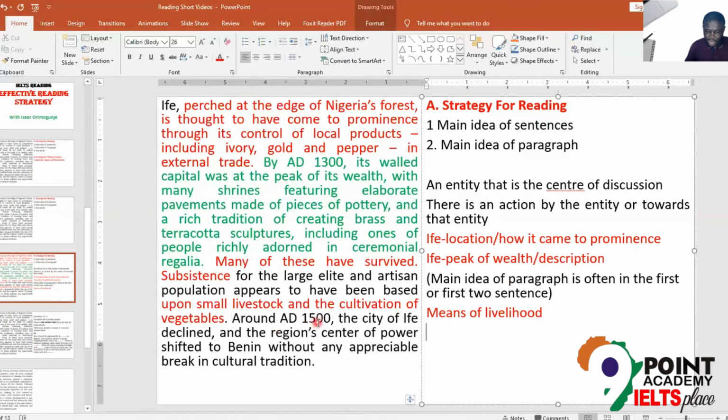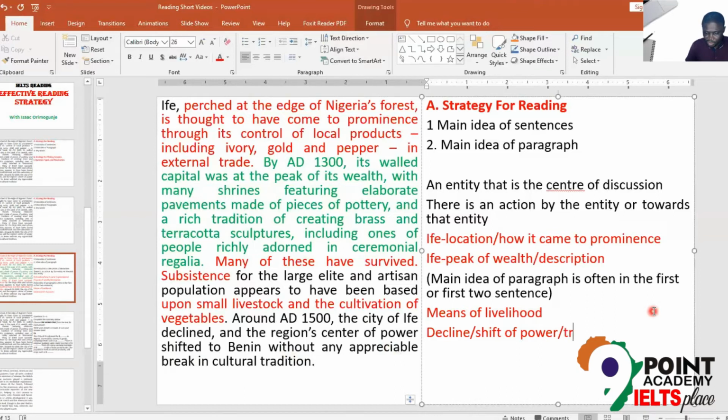Around AD 1500, the city of Ife declined. So it is talking about the decline of Ife, and the region's center of power shifted to Benin. Decline, shift of power, and then to Benin without appreciable break in cultural tradition.